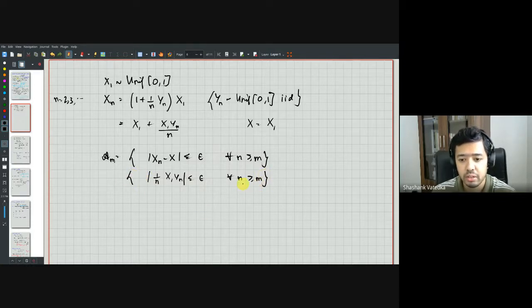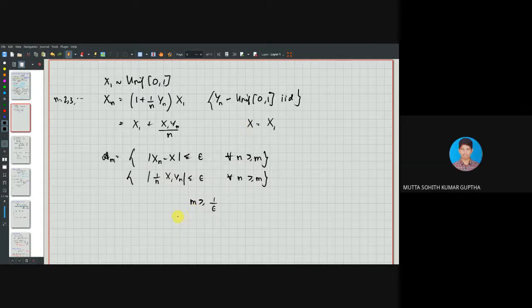You know that for m greater than or equal to, let's say, 1/epsilon, this always holds. Do you agree?